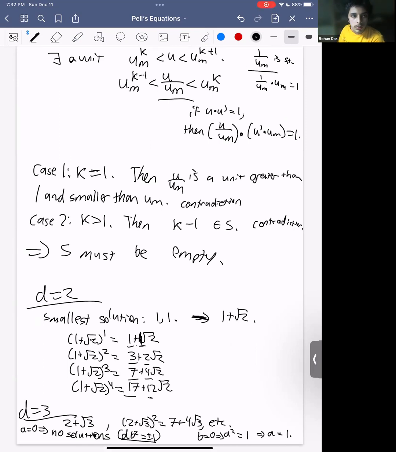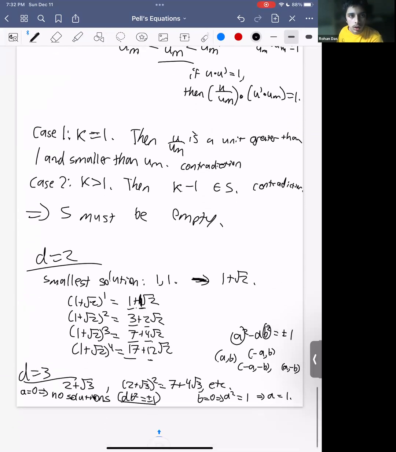And as for the negative a and b, since the equation is just a squared minus d b squared equals plus or minus 1, since they're both squared, it doesn't matter whether they're positive or negative. So there's some solution a comma b, and there's also negative a comma b, a comma negative b, and negative a comma negative b. So this is the way to find all of the solutions to Pell's equations.